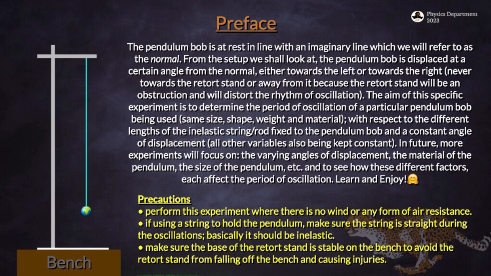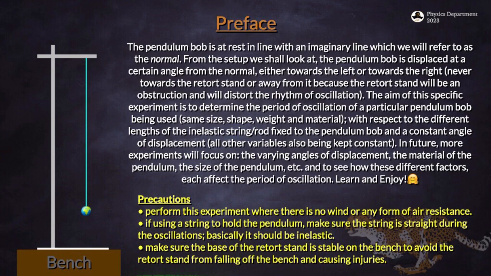But if you want to compare the effects on period for different pendulum bobs with different material, like let's say one is made of molten clay, the other one is marble, the other one is glass, maybe the other one is metal, the other one maybe can be rubber, but they have to have different material, so that you can see the weight of the material, the density and the volume and whatever. You can use different kinds of variables with those pendulum bobs, like the ones highlighted here.